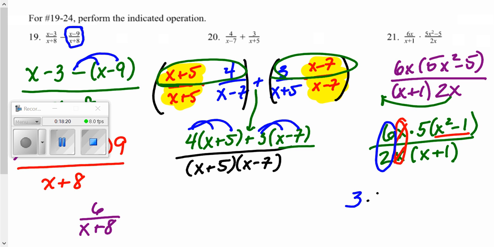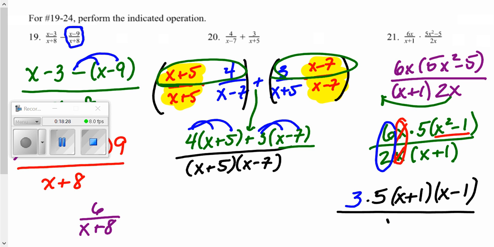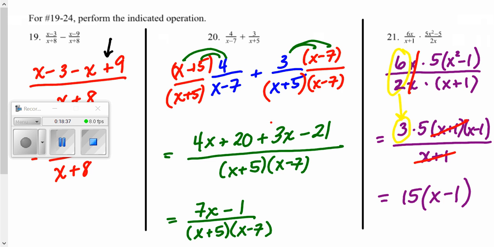I've got 5. This underlined part is x plus 1 and x minus 1 when I do the difference of two squares pattern. This over itself makes another 1. And so in that problem, all I have is 15 times x minus 1. I could also distribute this as part of my answer. That is also fine.